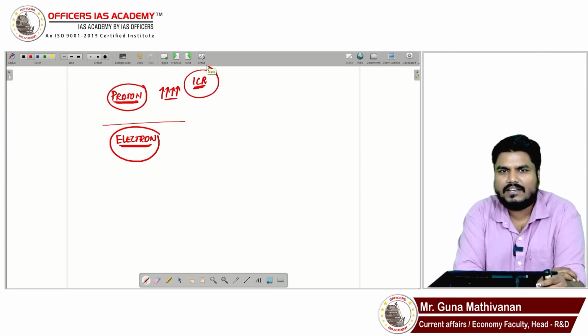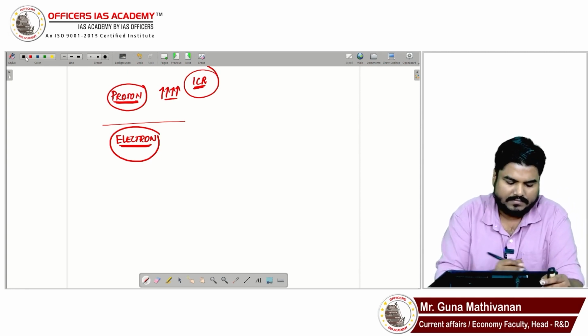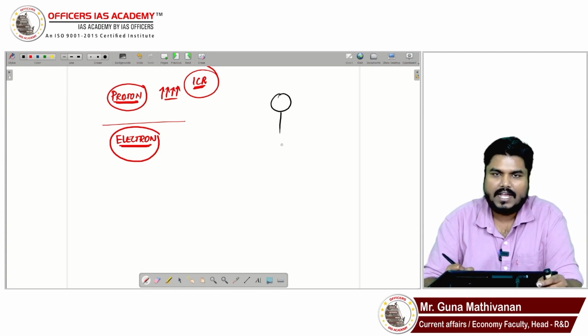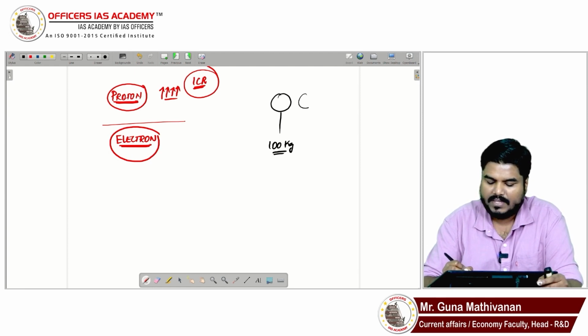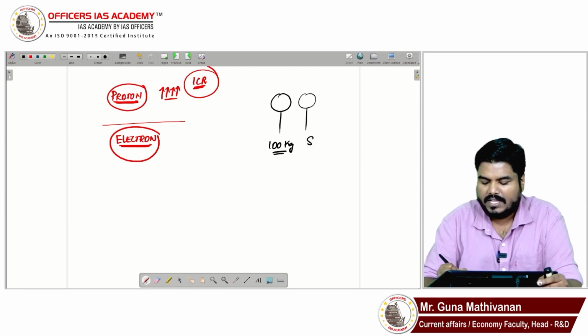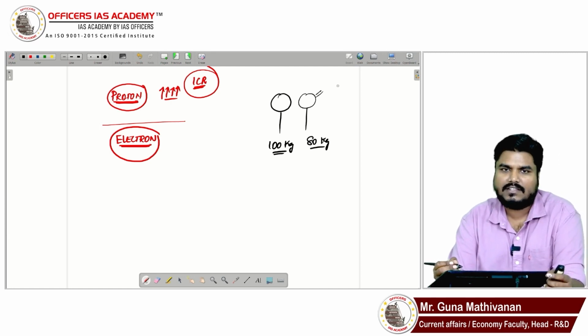Researchers got confused. What is the confusion? For example, take Guna. Assume that Guna is 100 kilos. Assume I am bringing another person. The other person may be 80 kilos. We are able to understand the difference. This person is relatively a little thinner when compared to Guna.